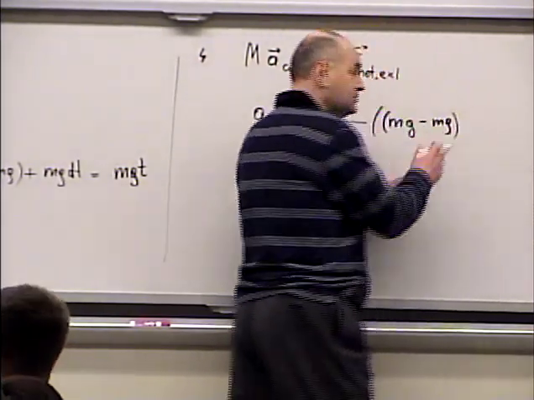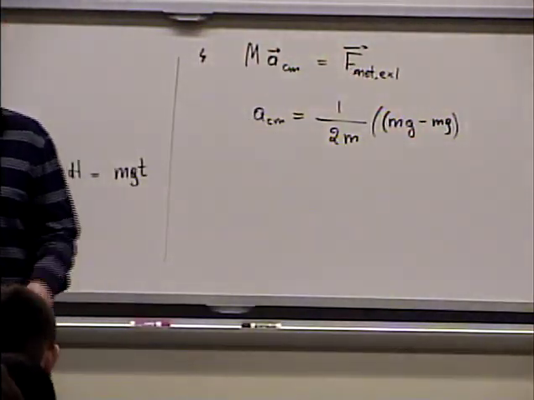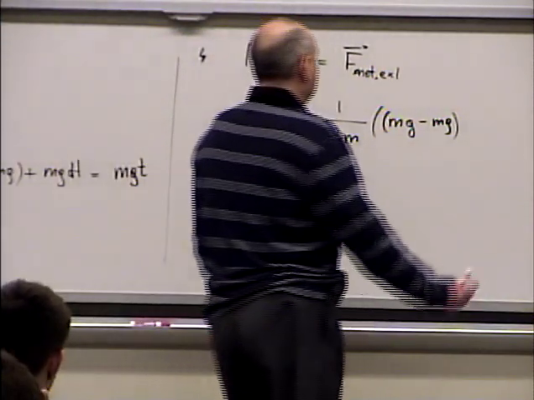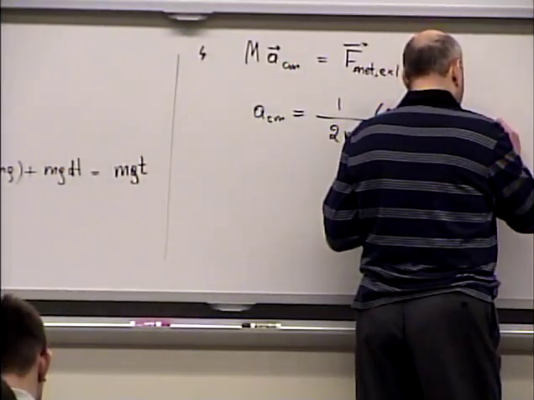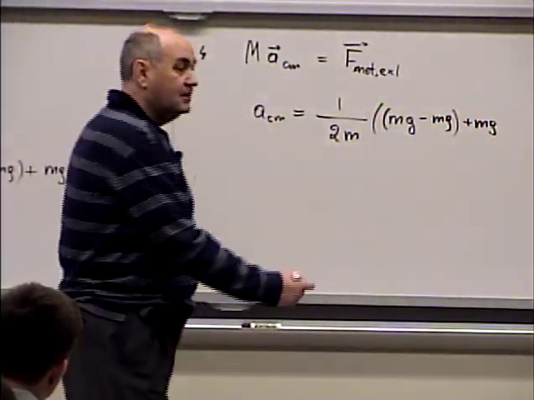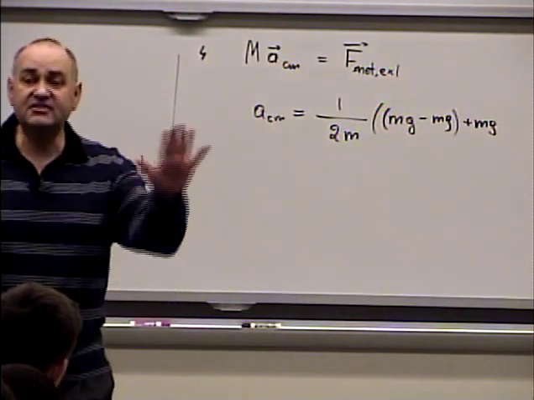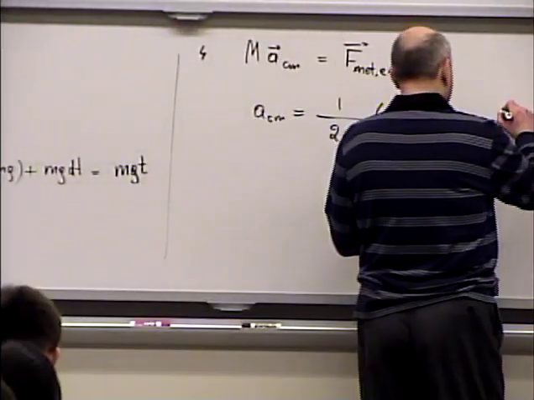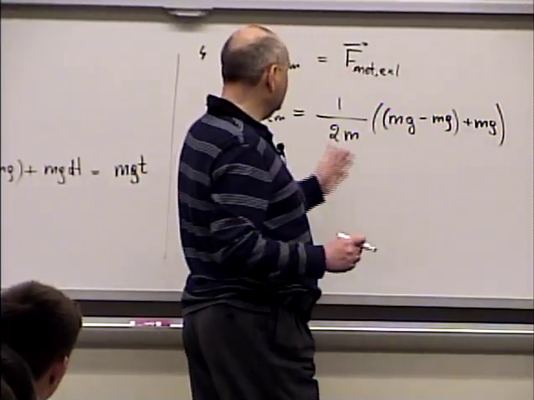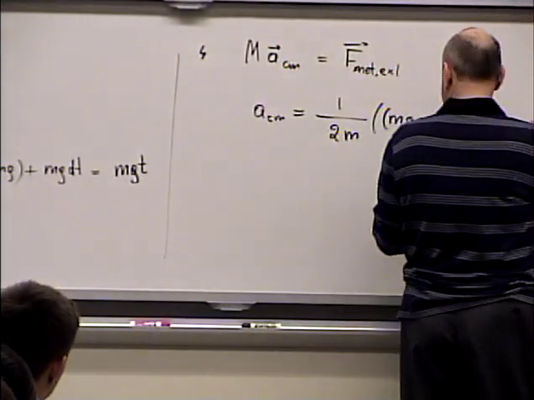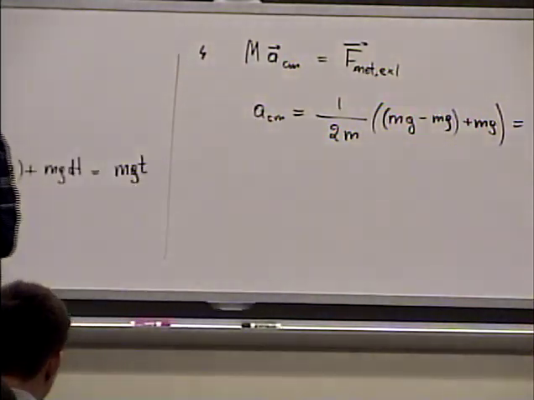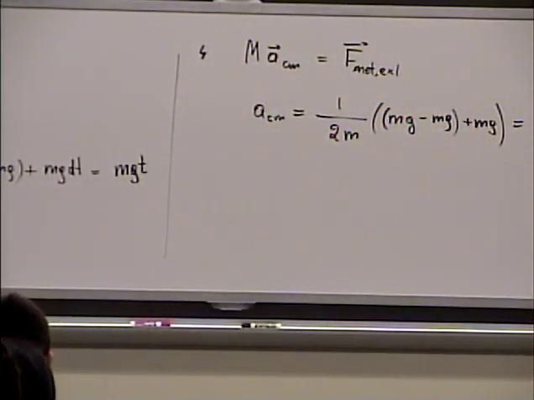Yeah, because these two together are combined into the force exerted on particle number 1, plus mg, because this one is the force exerted on particle number 2. What else? That's it. Correct. So here we have the acceleration of the center of mass. If I simplify this expression now, I will get that it is g over 2. Is it good? That's good, right?